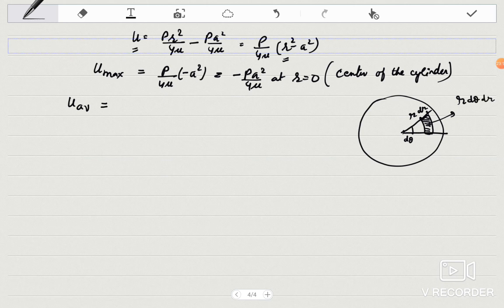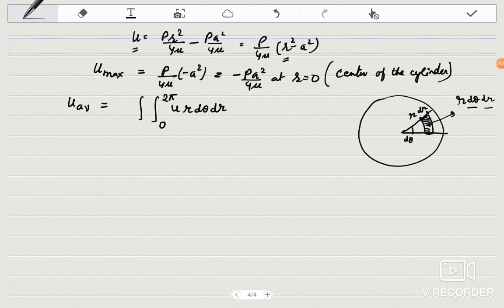Now if u is the velocity at a single point of this whole cross section, then what will be u average? It will be a double integral, because it is having two variables, u and the cross sectional area. So to cover this whole portion of the cross section, you will have the limits for theta, you will have the limits for r.